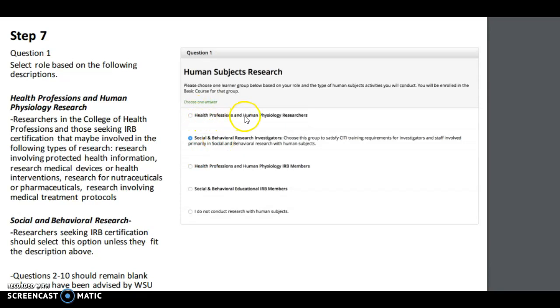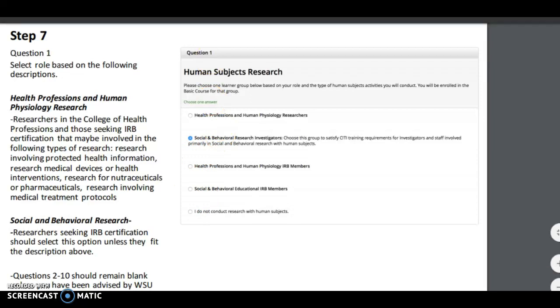You'll see one that says health professions and human physiology researchers, and right here it'll also tell you that if you are in the health sciences, the College of Health Professions, which that is what we are, that you will need to be taking this one. So when you get to step 7, make sure you click this top health professions and human physiology researchers and not the others. These will not count.